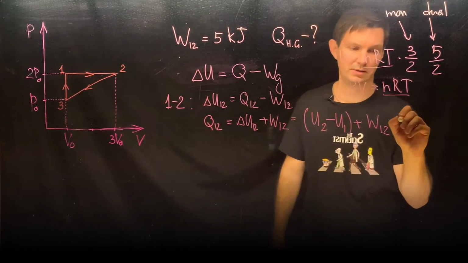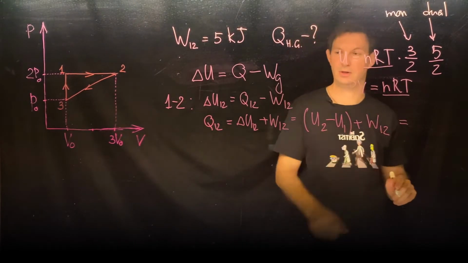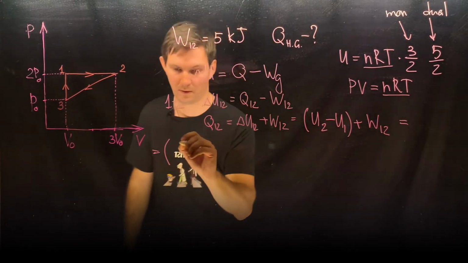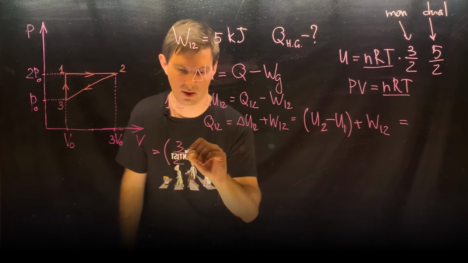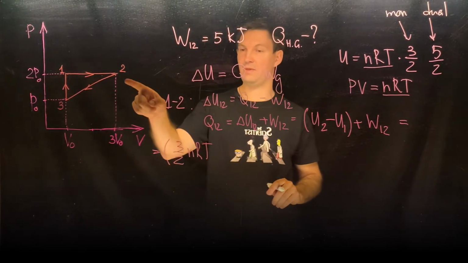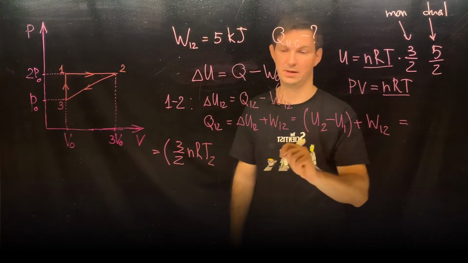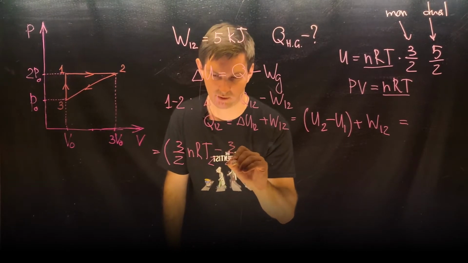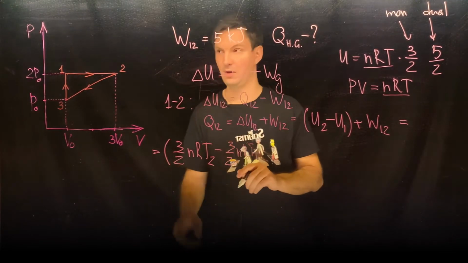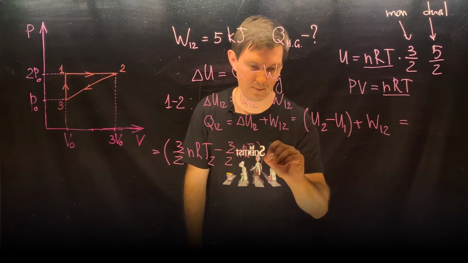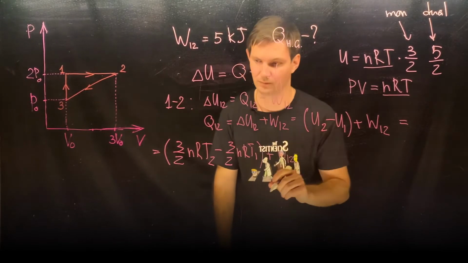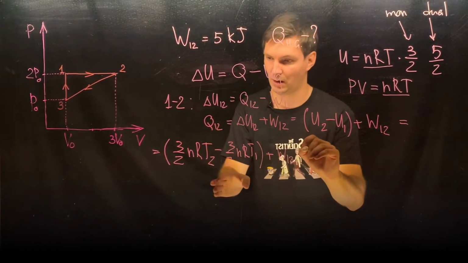So in our case, the change of the internal energy will be 3/2 times N times R times the temperature of the second state, minus 3/2 times N times R times T, the temperature of the first state, plus work W12.